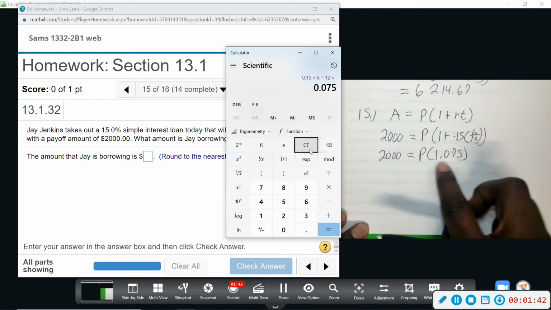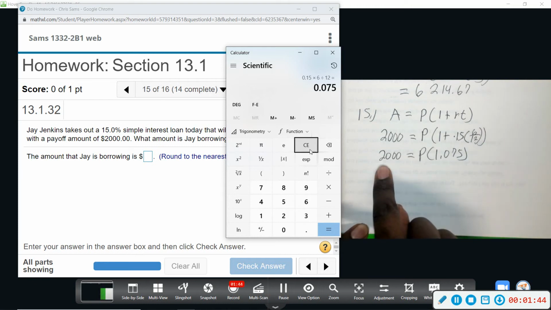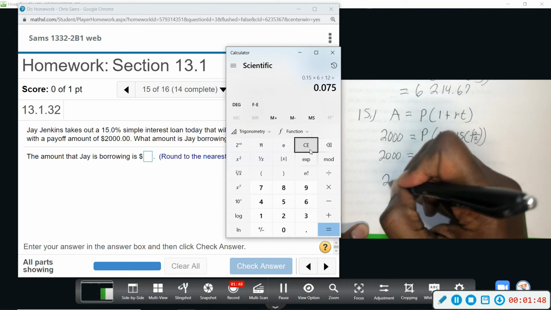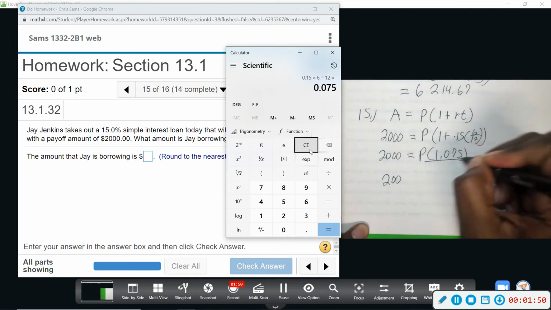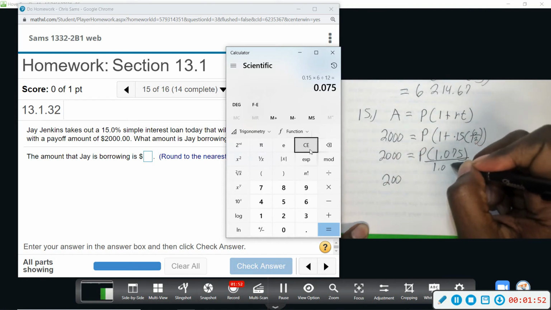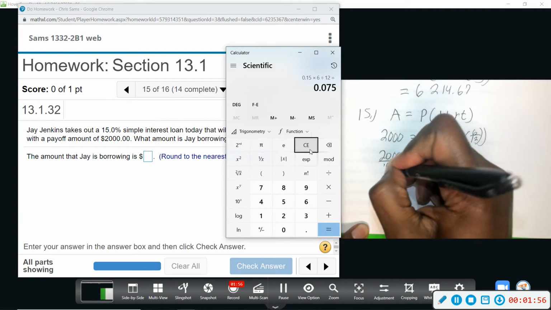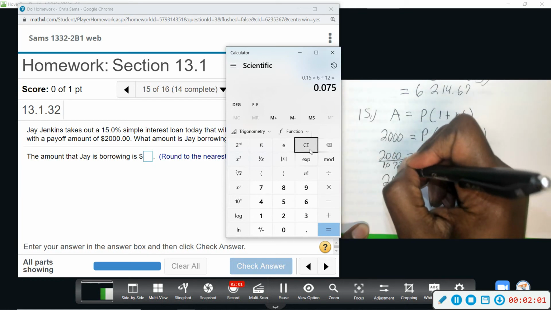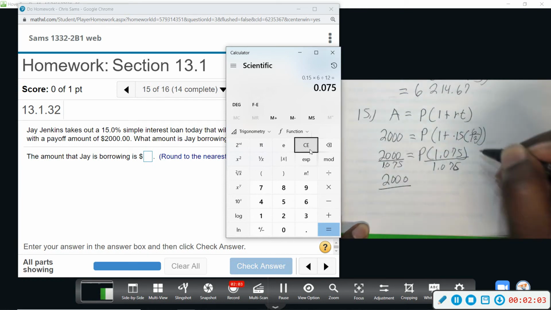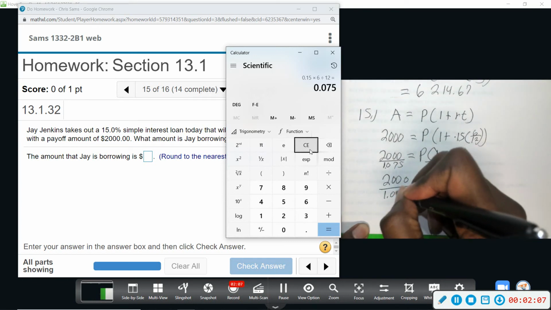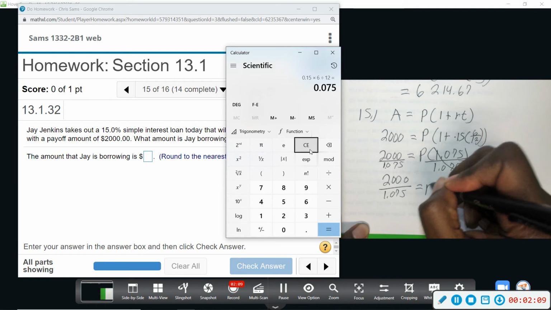So we're going to divide 2,000 by 1.075. This is what we're doing, dividing both sides by 1.075. So that divides out, and we get P on its own.